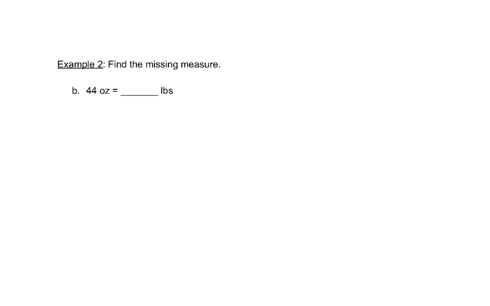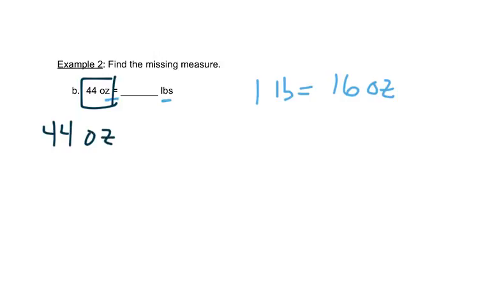So here's another one. Here we have ounces and pounds. And if you look back on the page before, we can see that it says on the top of the second column that 1 pound is 16 ounces. So again, we'll start with this side and we'll write 44 ounces over 1.